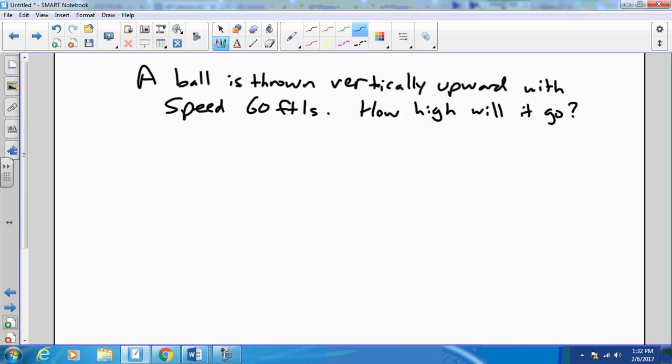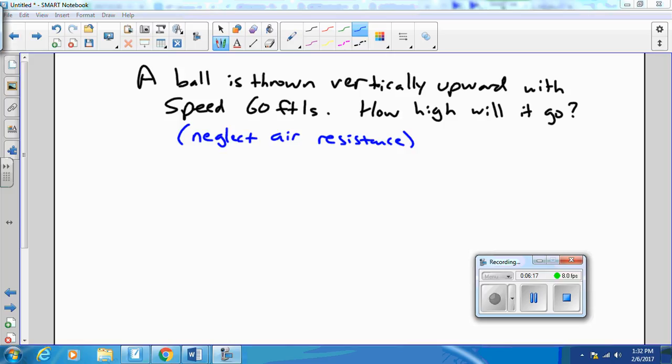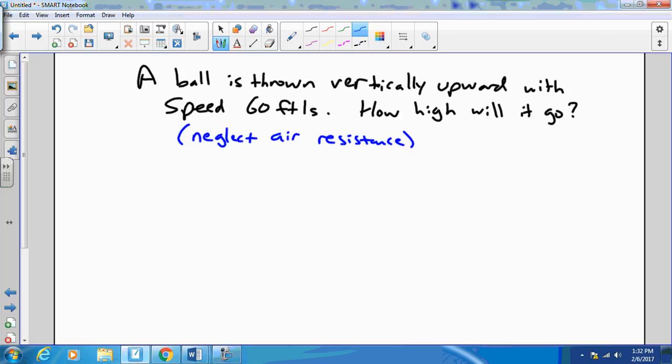Now the first thing to recognize about this is that we're also told that we can neglect air resistance. So because we are throwing the ball into the air like this, while it is in the air, it is going to be experiencing only one force, and that is the force of gravity.